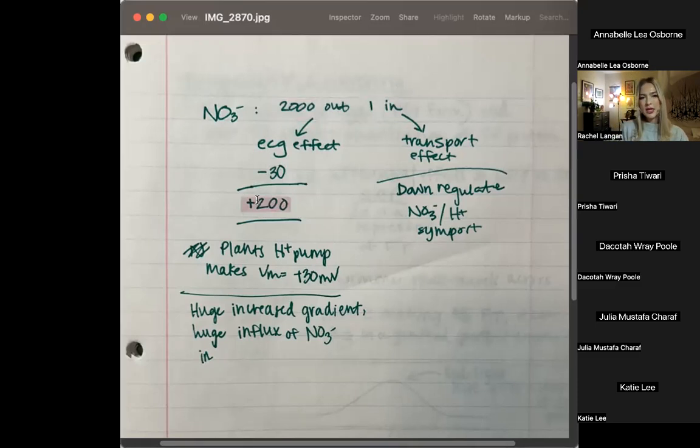So you should be able to think about what would the effect of that be? Well, under normal conditions, let's say the plant's hydrogen pump makes the membrane potential negative 130. So what is that going to do if we have this new equilibrium potential? Well, before, nitrate at negative 130, how would it want to move if its equilibrium was at negative 30 and it's a negative ion?